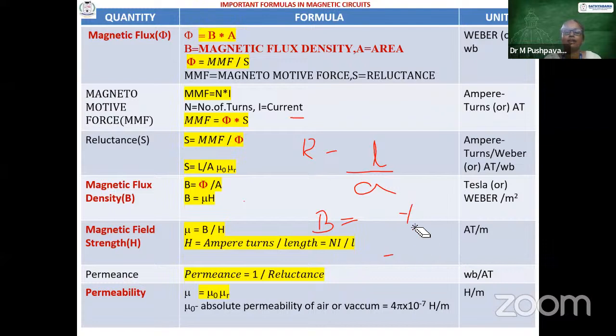Just take down these formulas, which are very important for solving the circuits, whether it is part B or part A. I have mentioned the unit also. Kindly note down all the formulas.